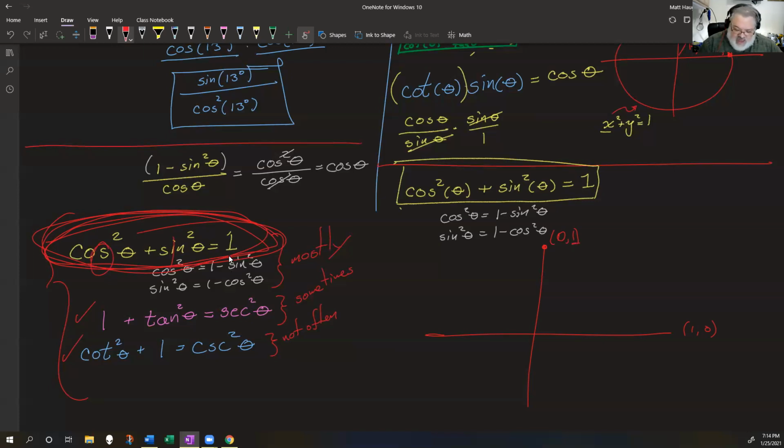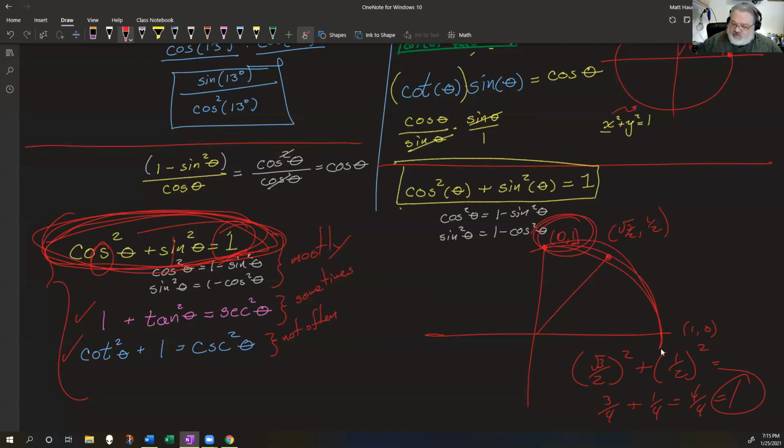But also, if you take any of them, if you take that square root of 3 over 2, 1/2 point, well, take the cosine, the square root of 3 over 2 squared plus 1/2 squared, and try to figure out what that's equal to. Well, that's 3/4 plus 1/4 equals 4/4. That's 1. It's always 1. It has to be 1.